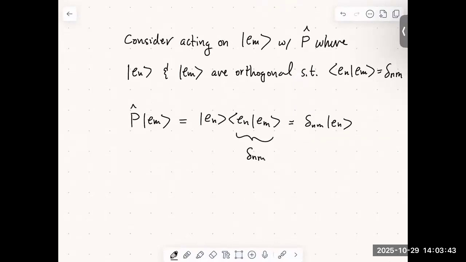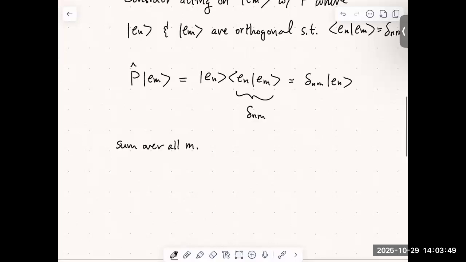Okay, so let's sum over all M. So what we're imagining is this p hat summed over all states M. But that's just going to be the sum of this thing, the sum over M of delta NM.